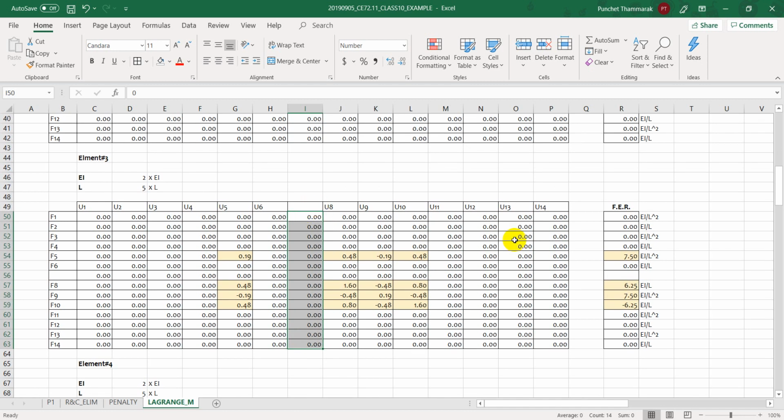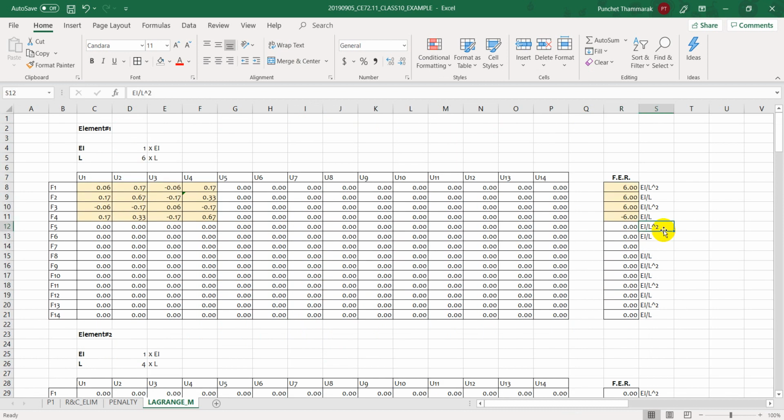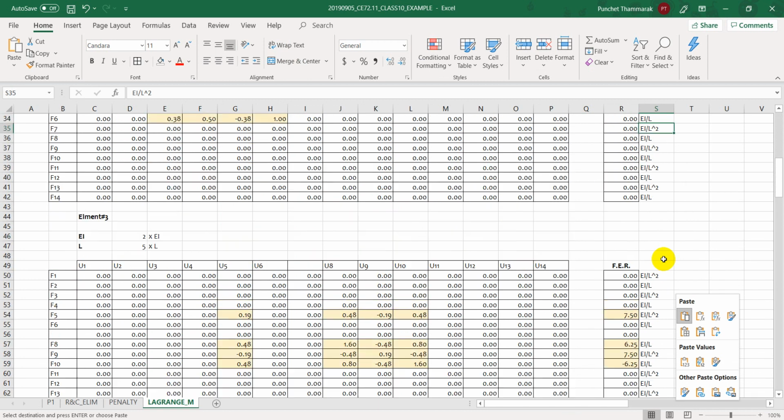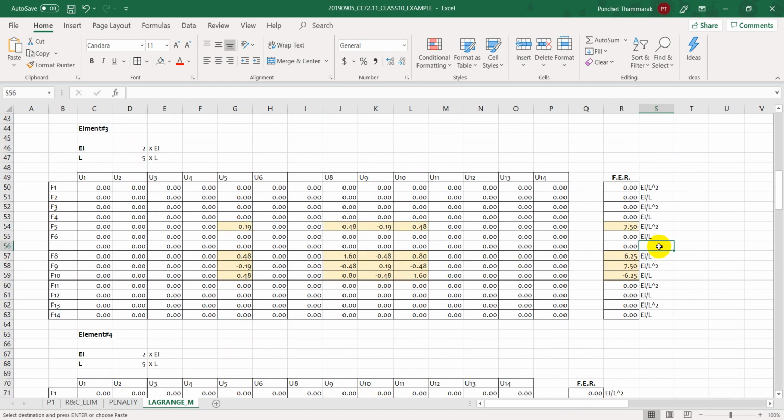I think we need to move around something here. Well, actually this is EI over L square, it has to be here. EI over L square there. Okay, EI over L square here. F7, U7.